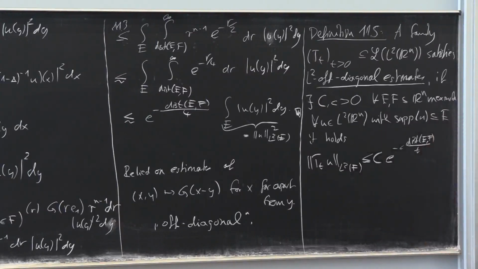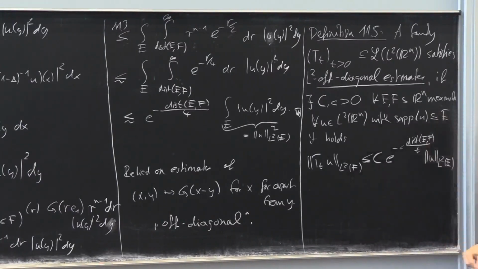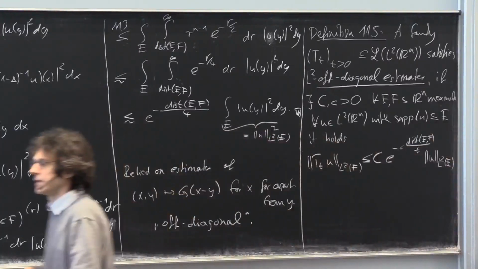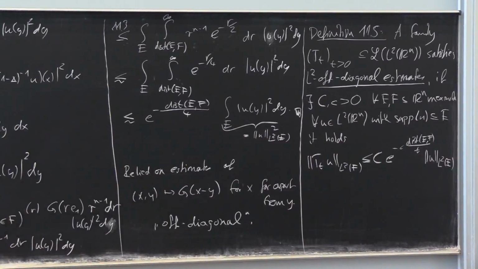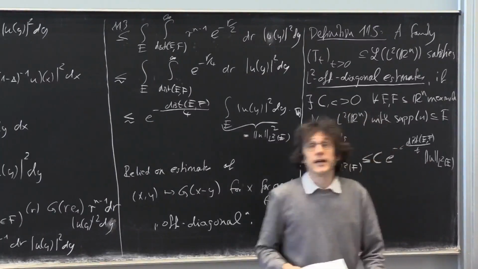The right scaling is divided by t. Times the L2 norm of u on E. So this is now a definition. And somehow it tells you an operator has off-diagonal bounds if it behaves like the Laplace resolvent here. So if you have the same or similar, up to constants, exponential decay.